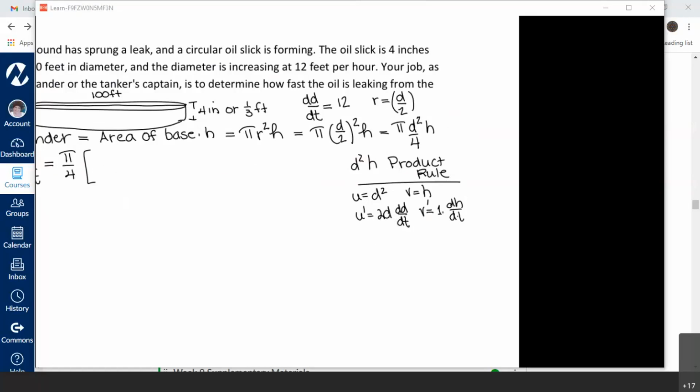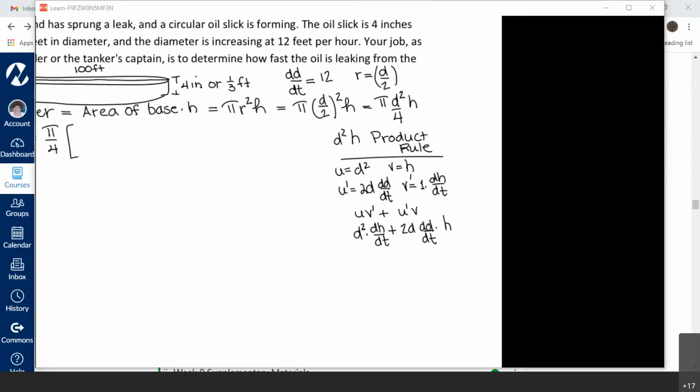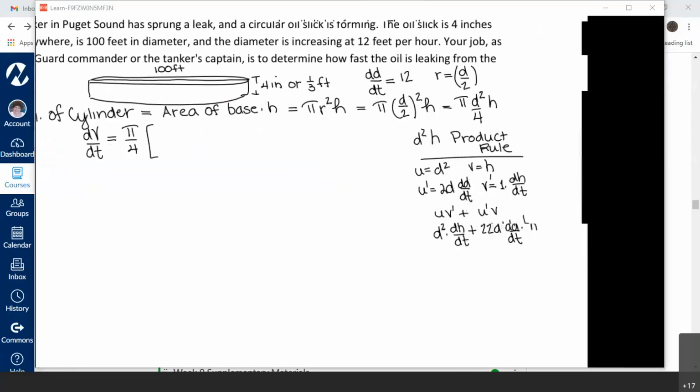Okay, and the product rule is u times v prime plus u prime times v. So d squared times dh/dt plus 2d dD/dt times h. Now they told you some stuff that will help simplify this. Okay, but let me put it in over here just so you can see.